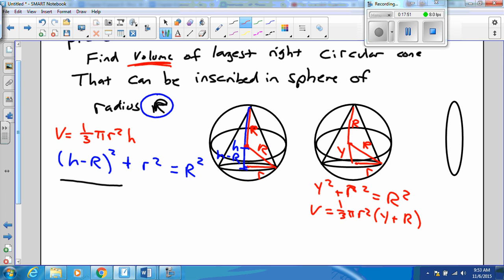So let's first of all try this one. From this one I can solve for r squared.